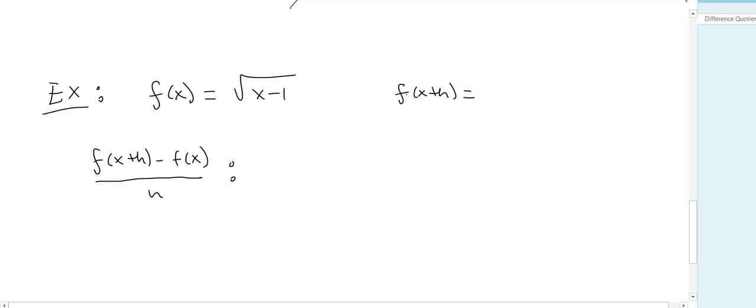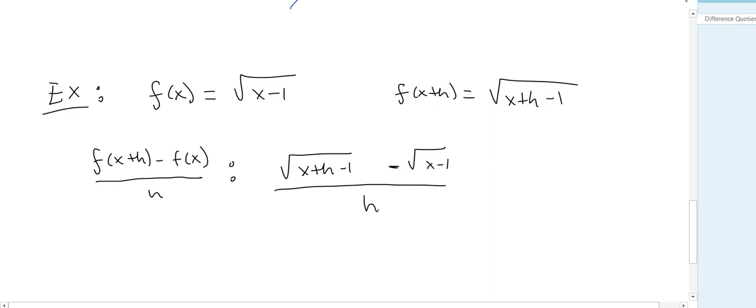That means that wherever you see an x, you're going to plug in x plus h. So this is going to look like the square root of x plus h minus 1. I replace the x with x plus h, minus f of x, which is the original function, all over h. What's the goal in simplifying this? Getting rid of the h, right?